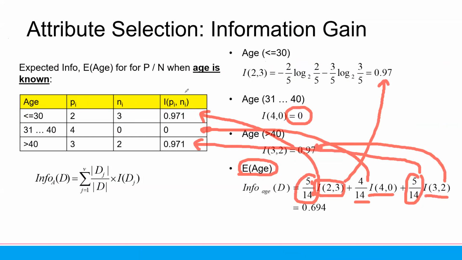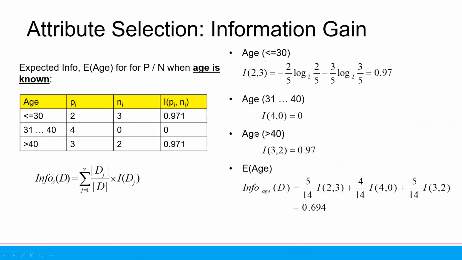So you can just multiply and then you will get the value 0.694. Then what is the meaning? This is the information for the attribute age.